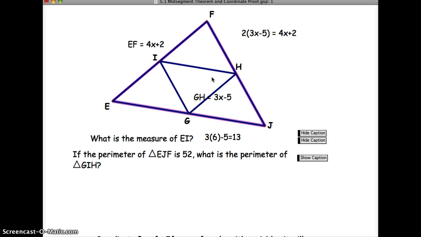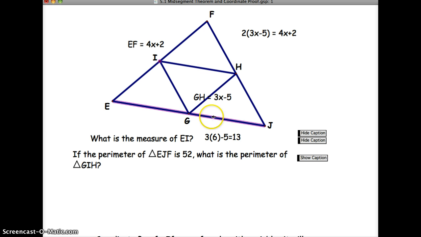Maybe you're saying to yourself something along the lines of, oh, well, if this midsegment here is half of this segment, you might also be able to conclude that this midsegment here is half of this segment.